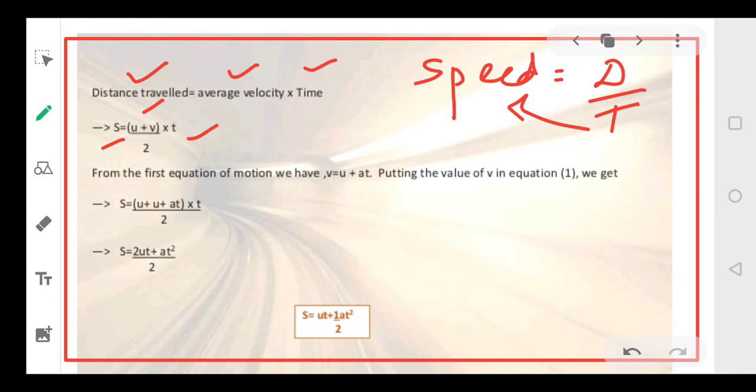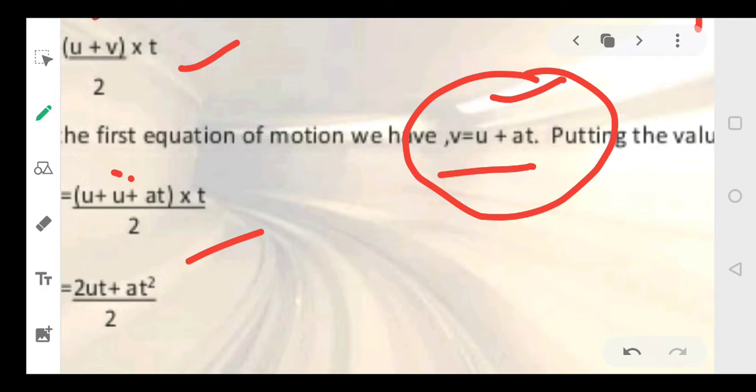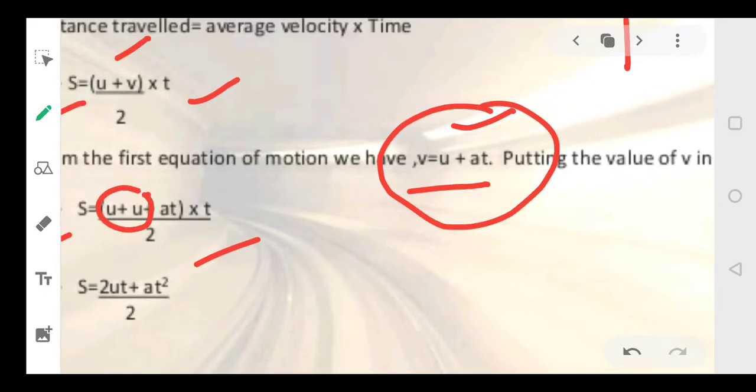Now we know that V is equal to U plus AT. Instead of V, put this value here. So S is equal to U plus AT, into T upon 2. Now this becomes 2U, isn't it? We multiplied with T, this will become 2UT.